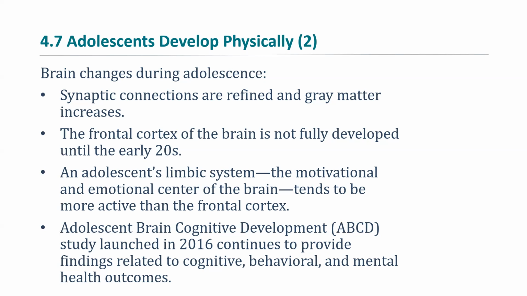Okay. The Adolescent Brain Cognitive Development ABCD study, launched in 2016, continues to provide findings related to cognitive, behavioral, and mental health outcomes. This study tracks brain development from early childhood to early adulthood, going right through all of adolescence, and it has nearly 12,000 American subjects.